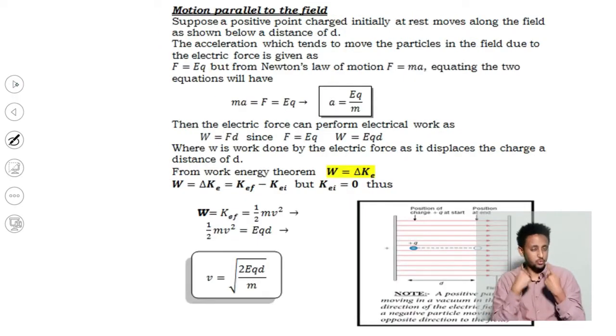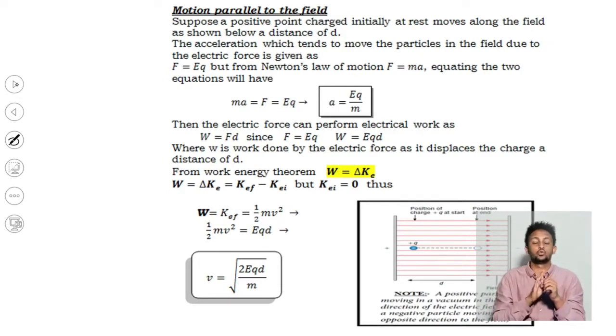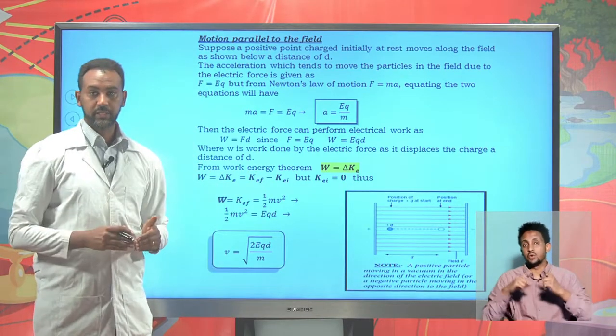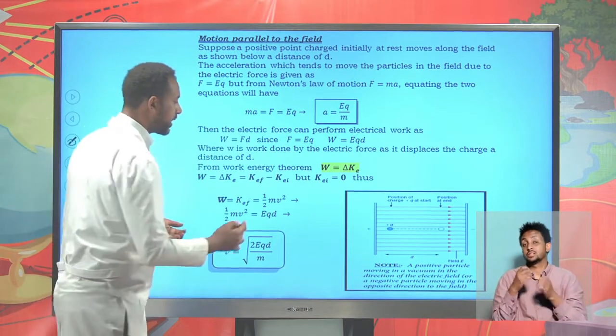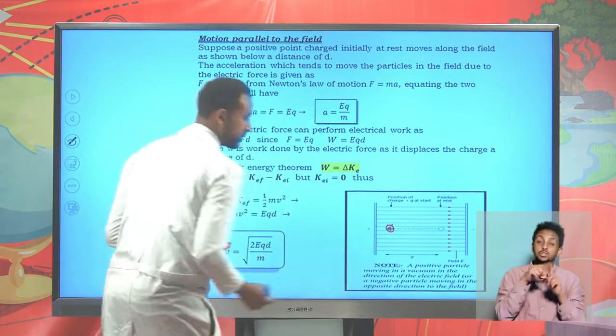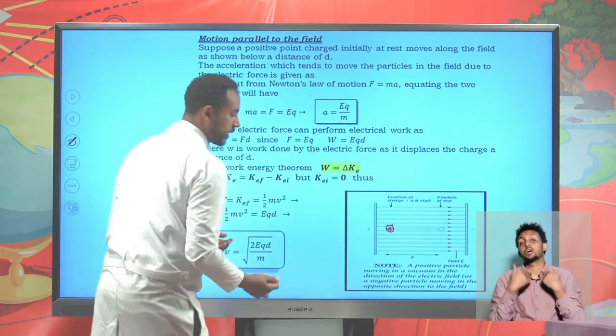Now let's try to see the motion of charged particles in a uniform field. It's possible to have charged particles moving or launched in a uniform field, parallel to the field or opposite to the field. For example, in this case, if you place a test charge, we know that there might be a positive charge or a negative charge here. Let's take a positive charge.